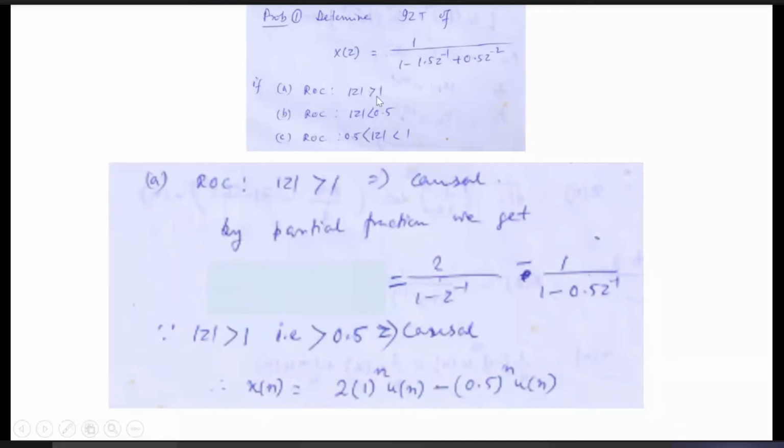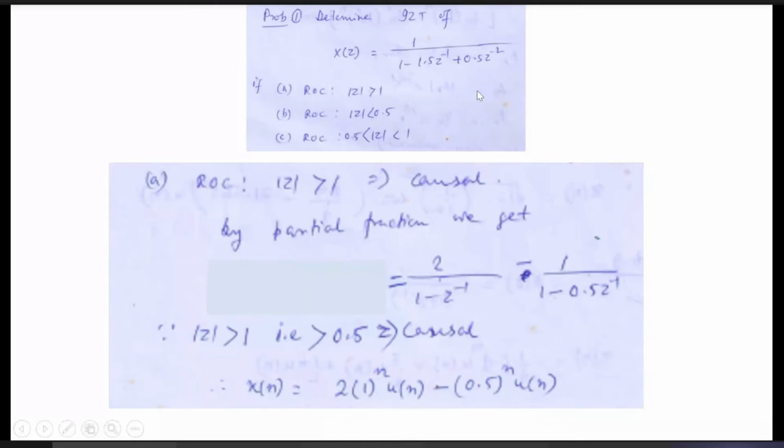ROC is less than some value, that represents an anti-causal sequence. And ROC lies within some range, more than 0.5 and less than 1. So these three different cases will yield three different time domain signals, even if the Z transform is the same.